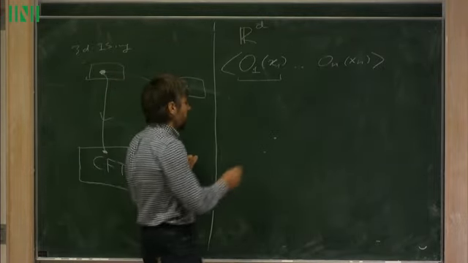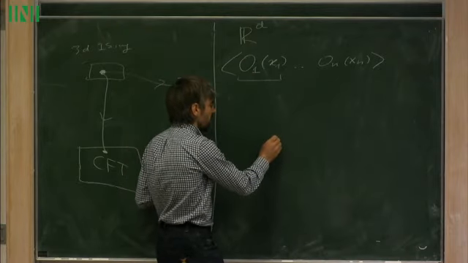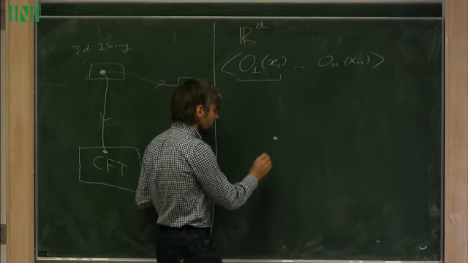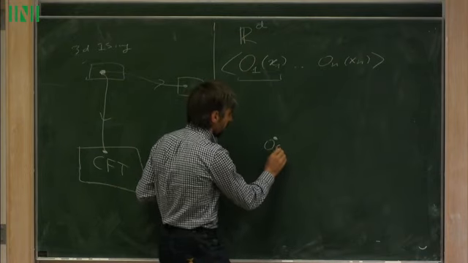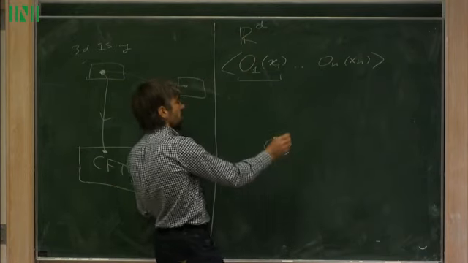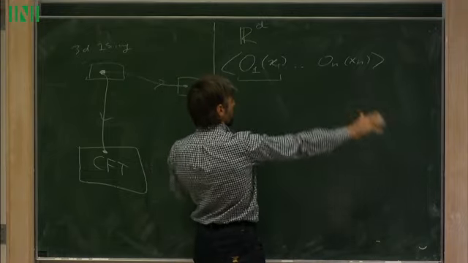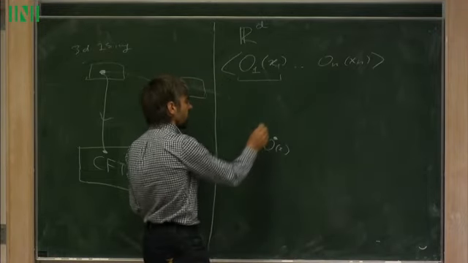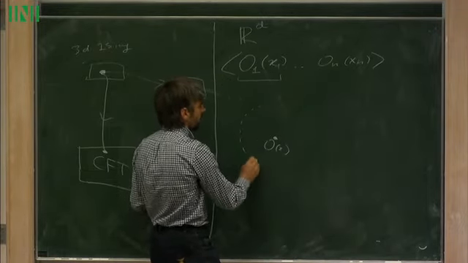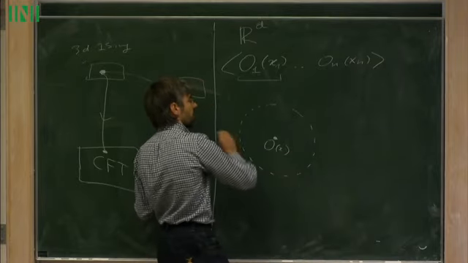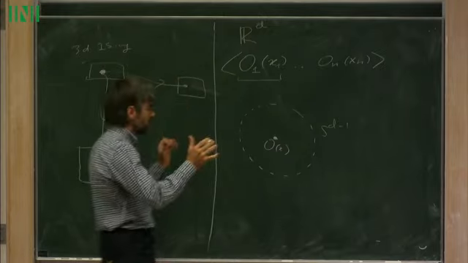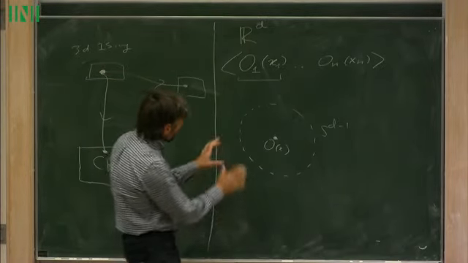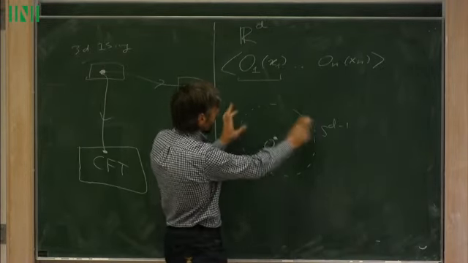This is the idea that if you take one of these local operators, O of x, and you consider a correlation function where all other operators are somewhat separated from this one, and you surround this operator by a sphere, S^(d-1), of arbitrary radius, we would like to think that this operator creates a state on this sphere.